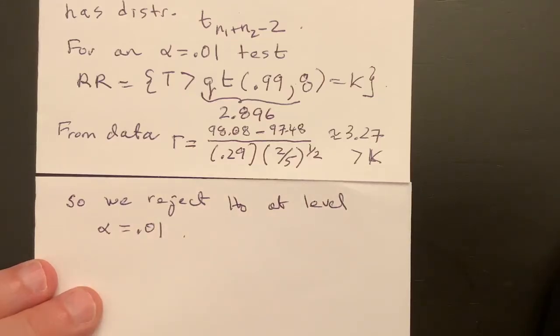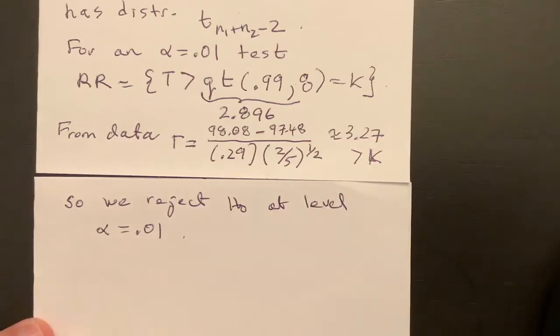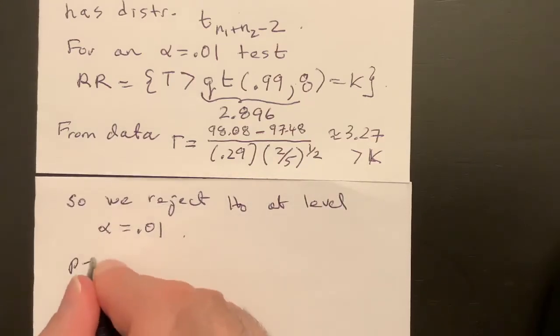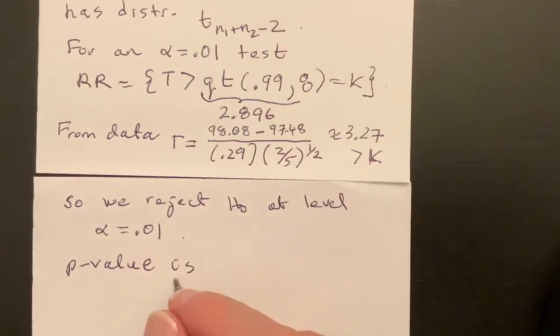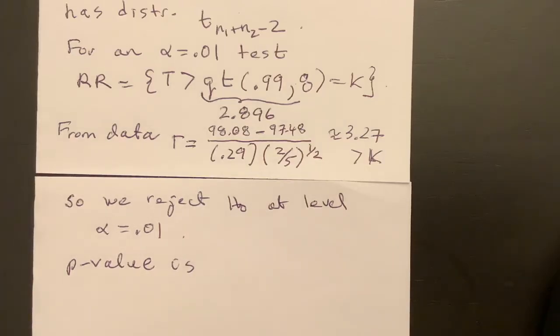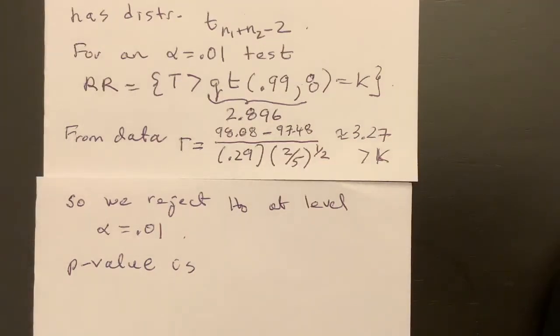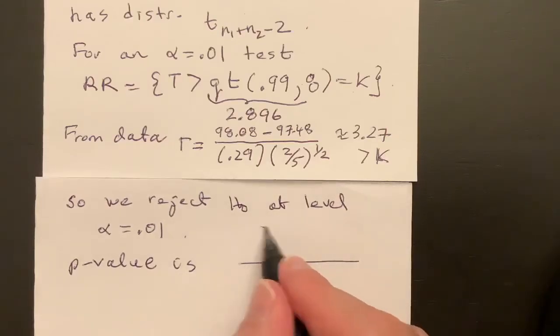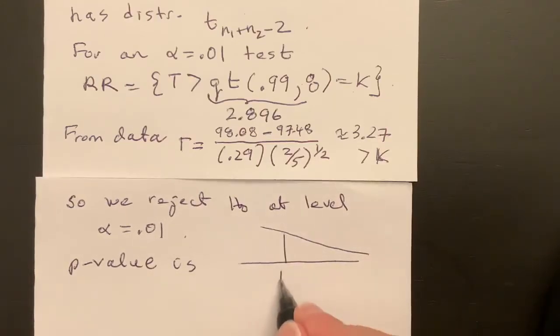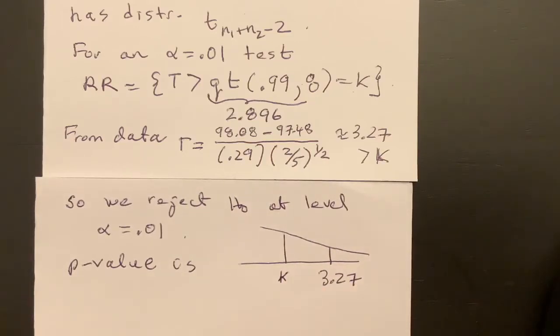If we want the p-value, let's see what it would be. What should it be in R? How would you specify the p-value here? Here's k, and here I'm over at 3.27. I know it's less than 0.01, because all of this is 0.01.